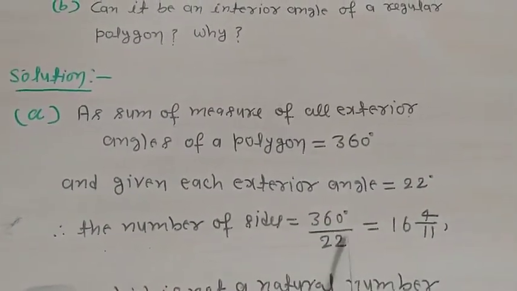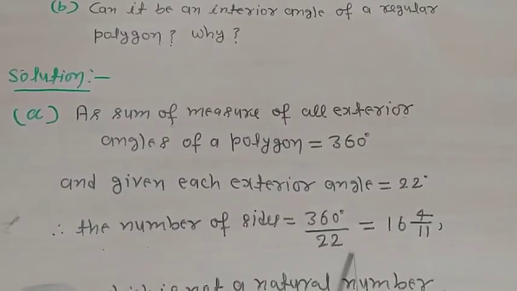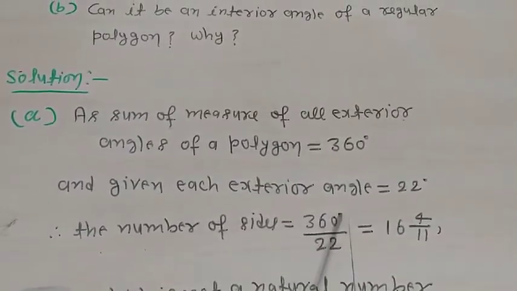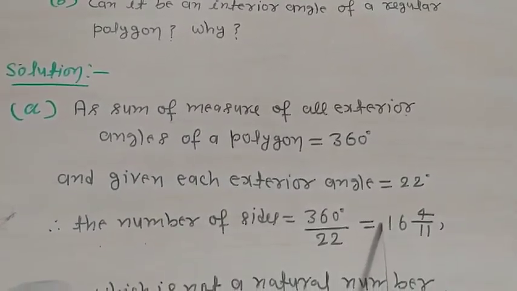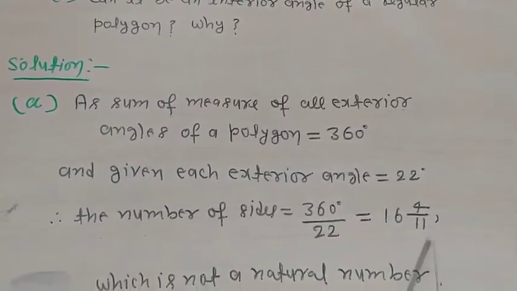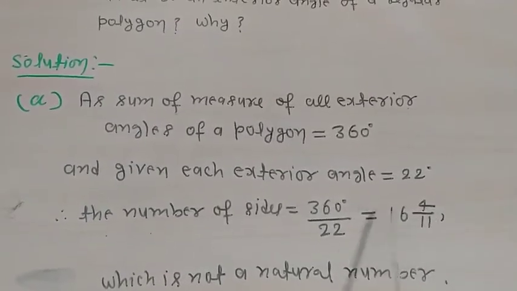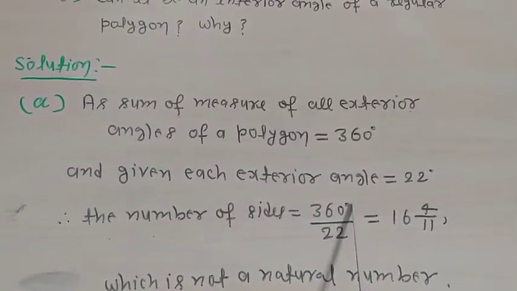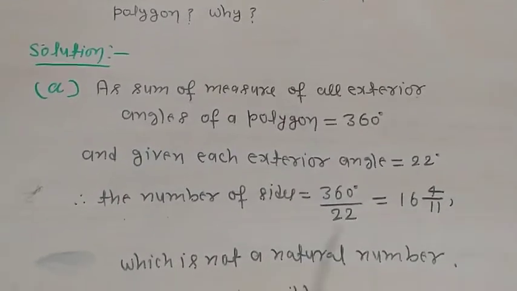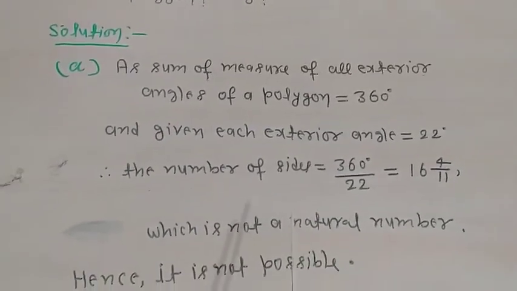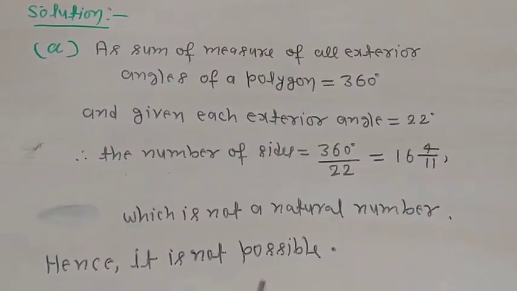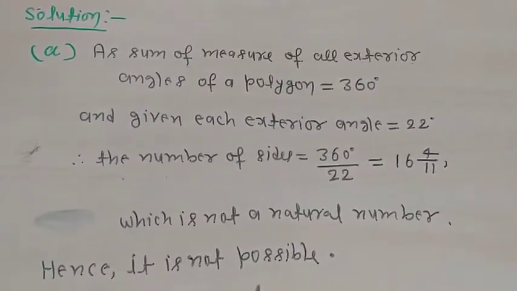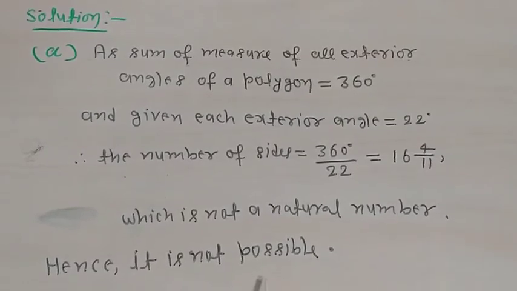So you can see here 22 is not a divisor of 360. We obtain 16 whole 4 by 11, which is not a natural number. Okay, because this is not divided perfectly, so this is not a natural number, so it is impossible, this is not possible to have a regular polygon with measure of each exterior angle as 22 degree.